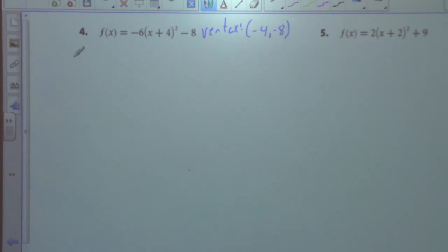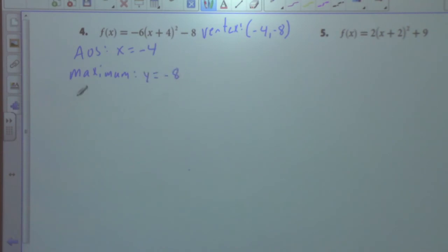Okay, how does that portend for everything else then? The axis of symmetry is x equals -4. And there's a maximum of y equals -8.